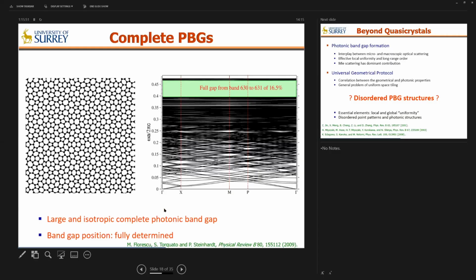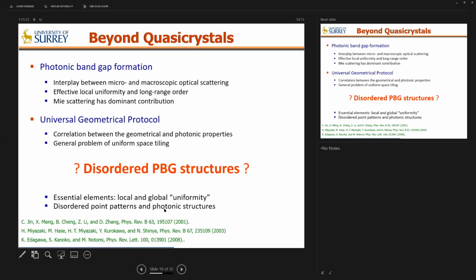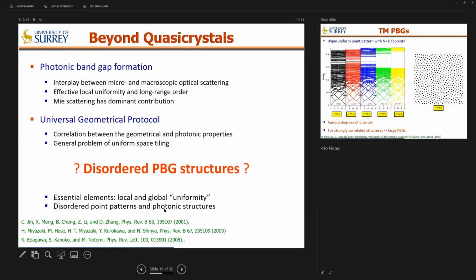All right, so let us now continue with our quest to identify aperiodic systems which present photonic band gaps. Putting together what we learned up to this point, we learned that a photonic band gap is formed under the action of two main physical principles.